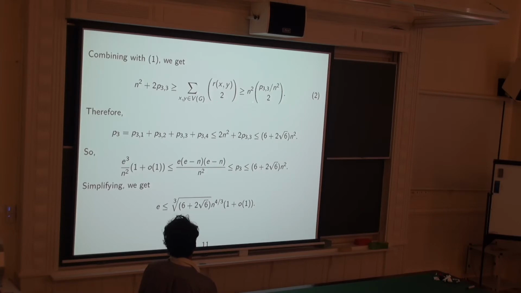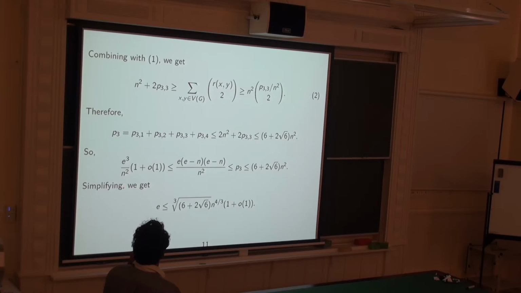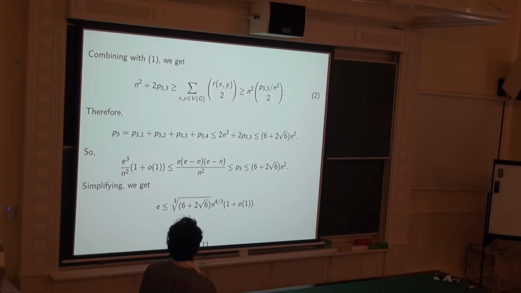Here we use the Cauchy-Schwarz inequality, and we just solve it. This inequality will give you an upper bound on P33, the number of paths of type 3, and so the total number of 3-paths is at most, just by adding up, this much.